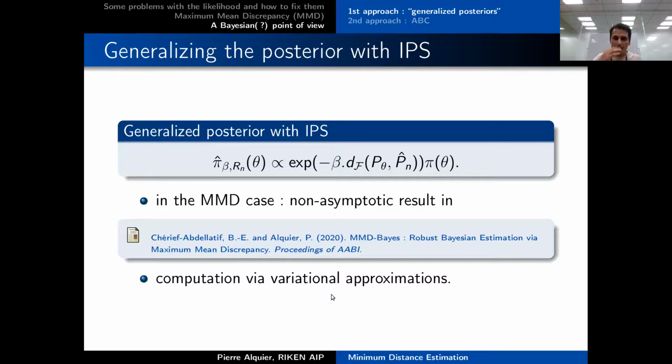I skip this part a little; you can read the paper if you're interested. There was also a paper I wanted to mention, which I just became aware of in the past days: our paper mentioned non-asymptotic bounds, but there is also an asymptotic study, with Bernstein-von Mises results for this kind of pseudo-Bayesian method.